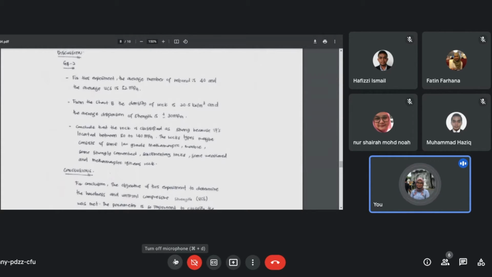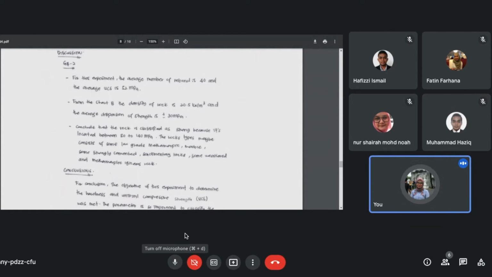Okay, for the conclusion, from this experiment we can conclude that the objective of this experiment was met, because in this experiment we needed to determine the hardness and uniaxial compressive strength, that we call UCS.